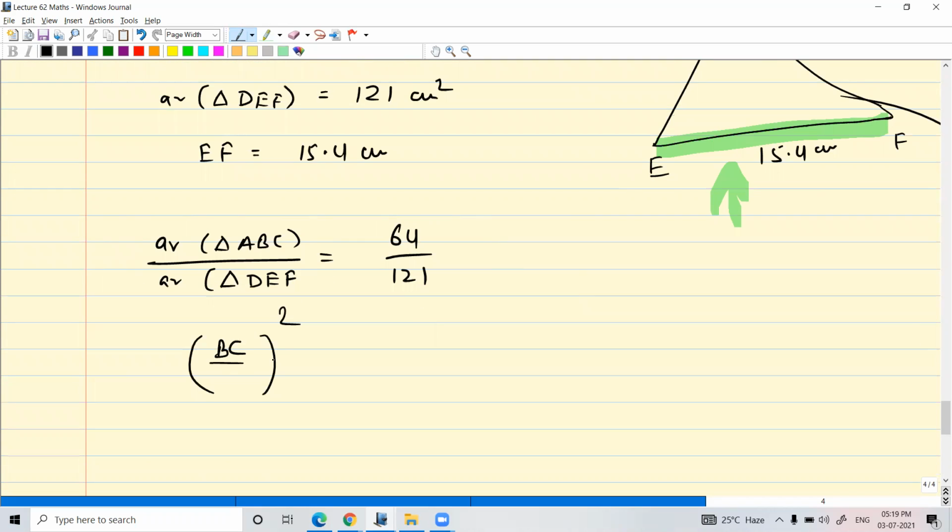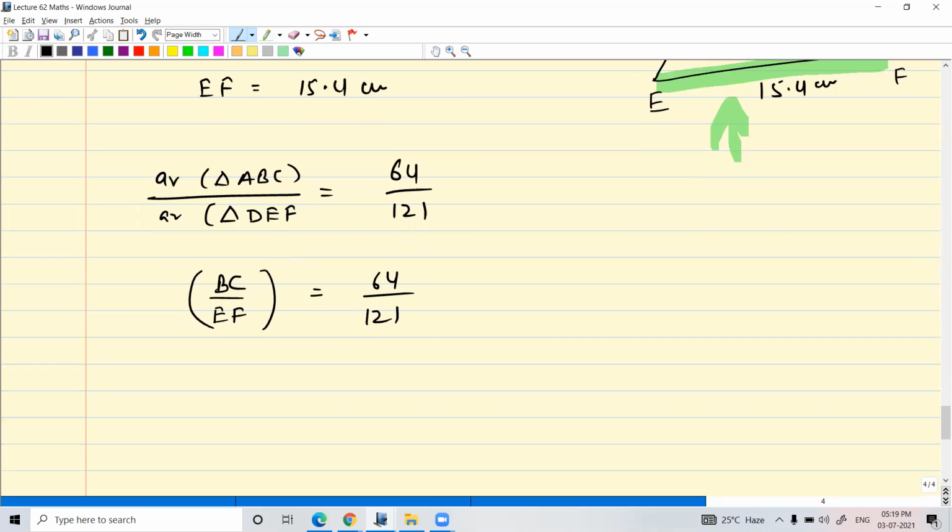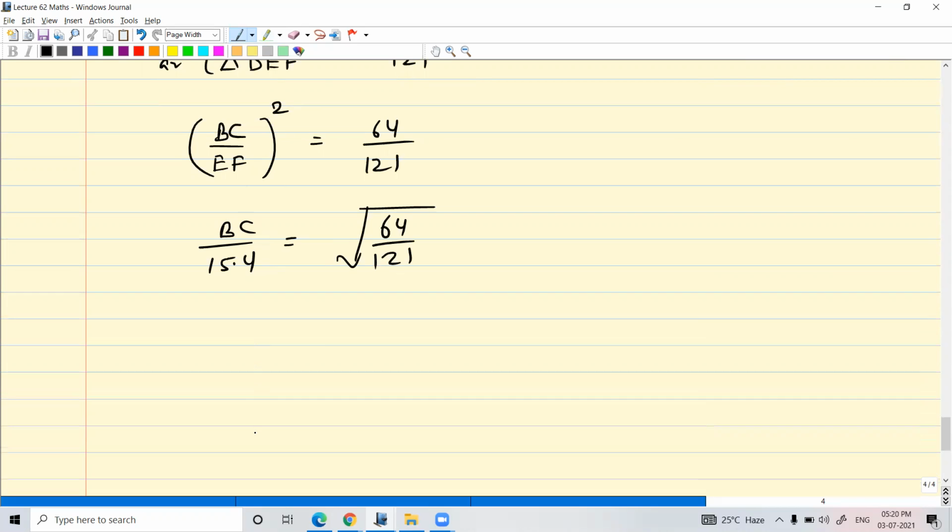Yes, sir. This whole thing is equal to 64 by 121. So if this square is here, let's take the square root on both sides. So BC by EF will be equal to square root of 64 by 121, and of course EF is also given, right? What is that? 15.4. Yeah. So BC is equal to 15.4 into, what is this?